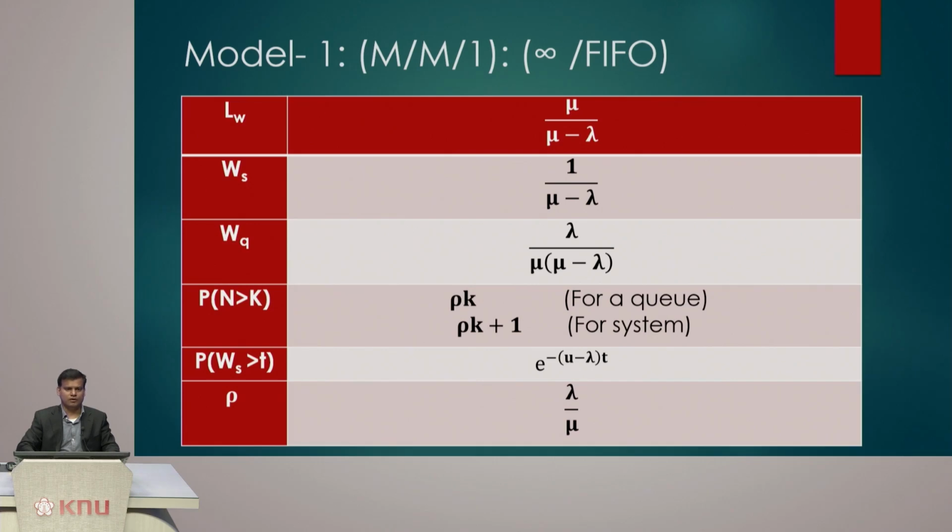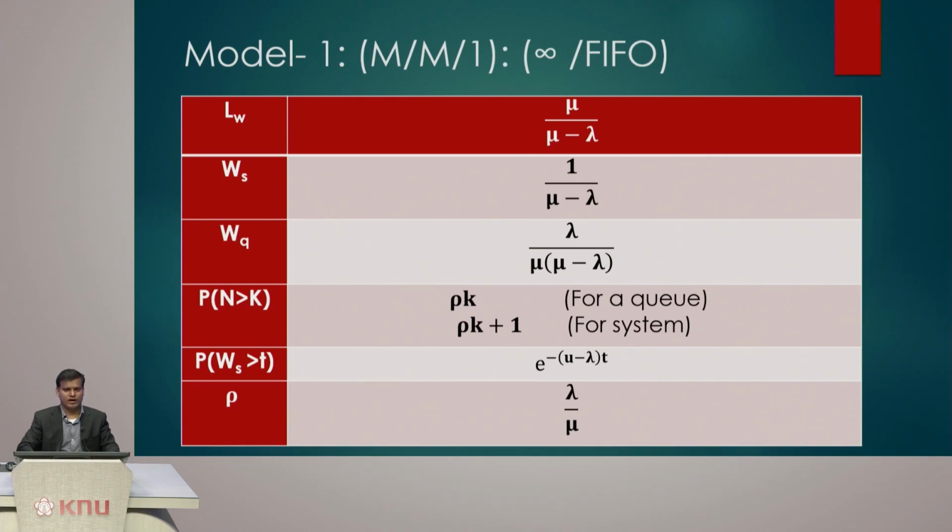So model 1, M/M/1 : infinity/FIFO, is the one server model with an infinite number of customers and first in, first out service discipline. We have these formulas.